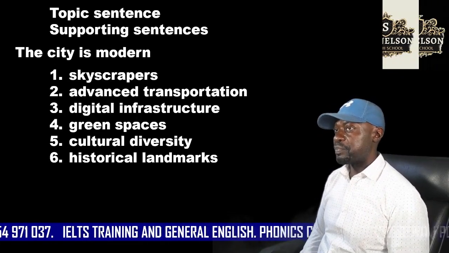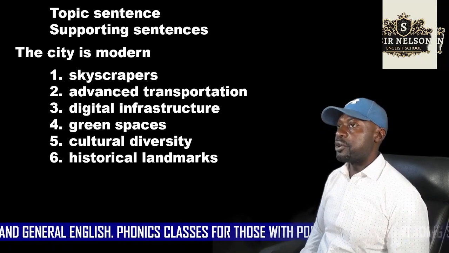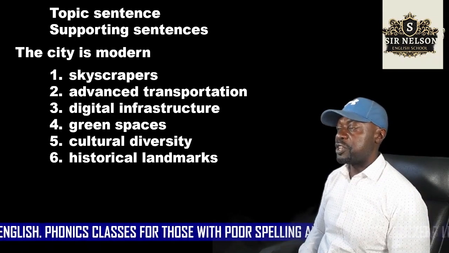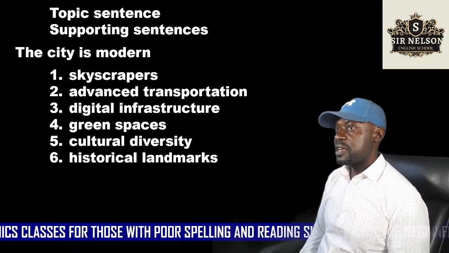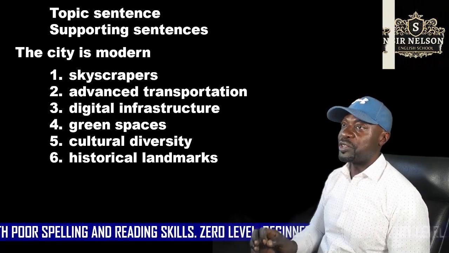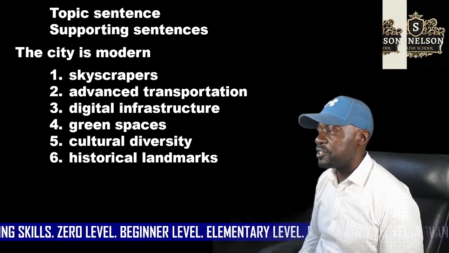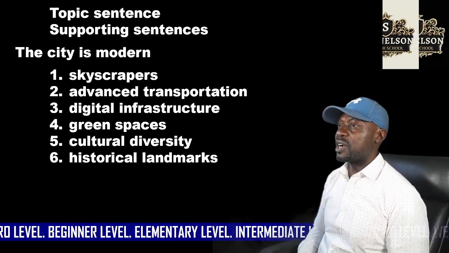For example, we have the topic sentence and the supporting sentences. Remember, in the IELTS speaking test or even writing, the examiner is listening attentively to your topic sentence and how you support it. So give a topic sentence with a keyword that you can support.